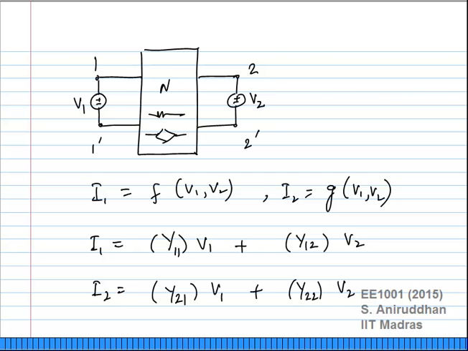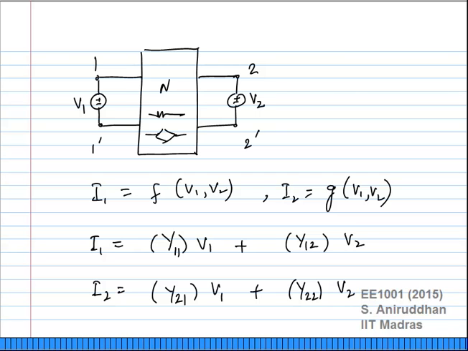So the basic idea is very simple. Now you have two independent variables, two dependent variables, and each one of these dependent variables can be written as a linear combination of the independent variables. I'm denoting each of these proportionality constants by Y with a certain subscript.